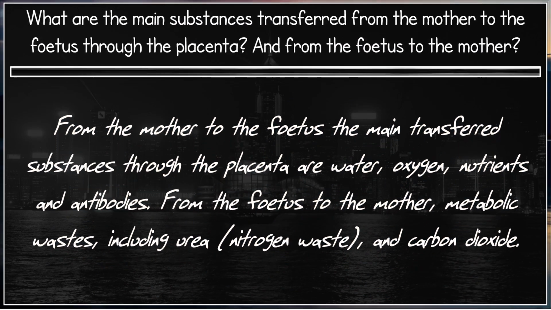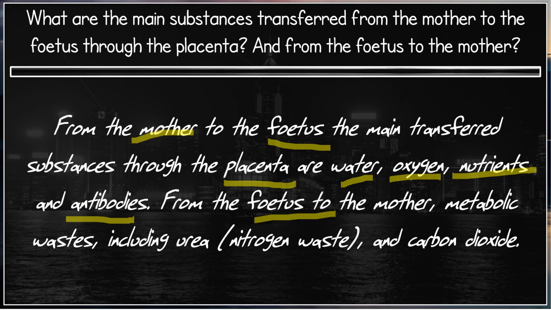From the mother to the fetus, the main substances transferred through the placenta are water, oxygen, nutrients, and antibodies. From the fetus to the mother, metabolic wastes including urea, nitrogen wastes, and carbon dioxide.